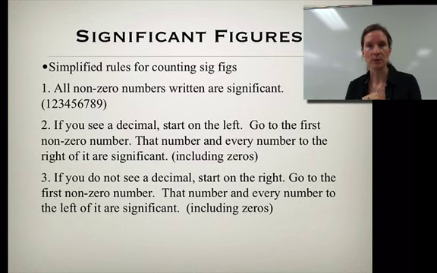If it has a decimal point, you start at the left of the number and go to your first non-zero. From there on out, all of those numbers are significant. If you don't see a decimal point, then those end zeros are not significant, so you're only going to count the digits in front of the trailing zeros.